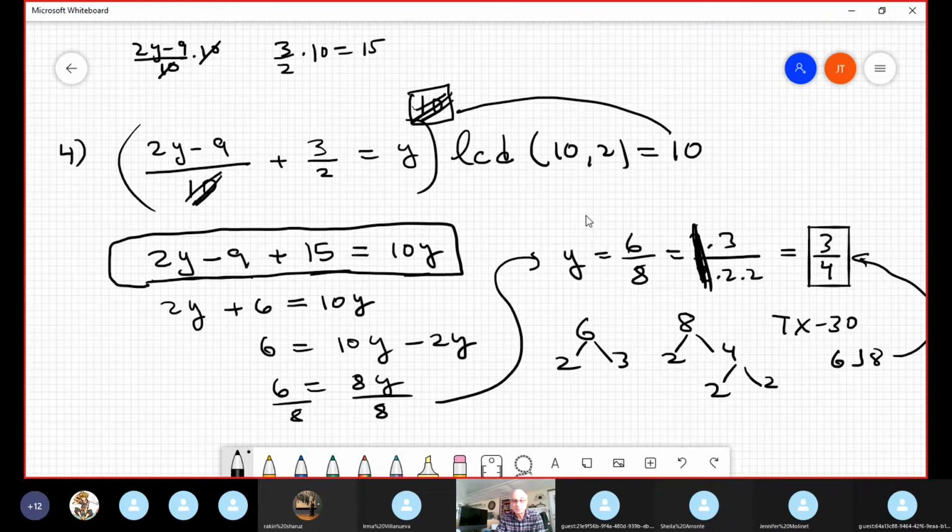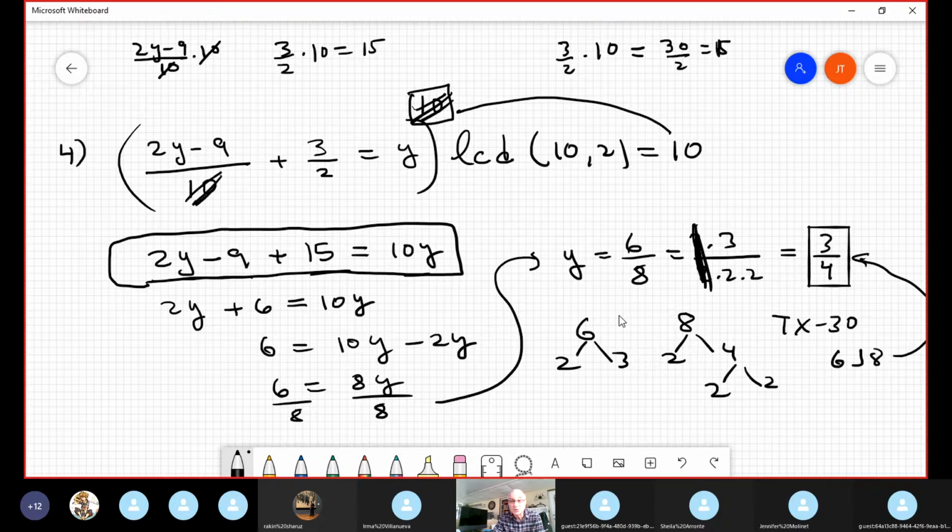Even if we cancel the 10s out, we still have to multiply 3 and divide by 2 and multiply with 10? Yes, of course. Another way to see it, for example, 3/2 times 10: one possibility is 30 over 2, which is 15.